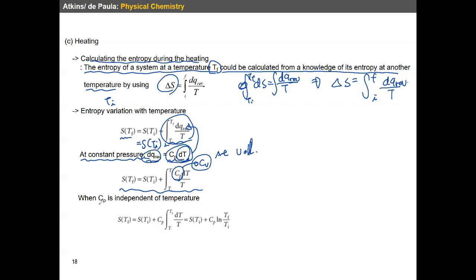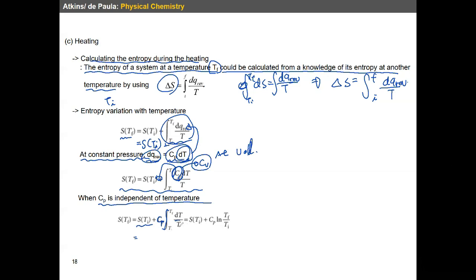Okay, so when Cp is independent of temperature, we can simply pull out the Cp from here. Then we have S(Ti) plus Cp times the integral from Ti to Tf of dT over T.